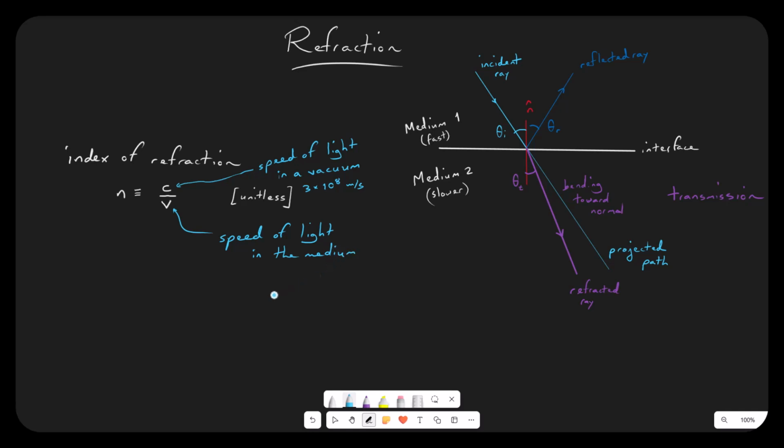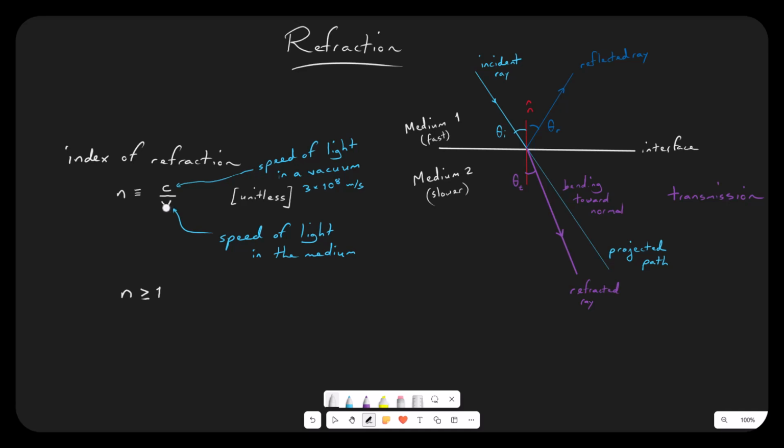If I'm looking at air, the speed of light in air is almost exactly the speed of light in a vacuum. It's just a tiny bit slower. So the index of refraction is always going to be at least 1, right? And is going to be greater than or equal to 1. If I'm moving through a vacuum, I get an index of refraction of 1 because I will get c over c.